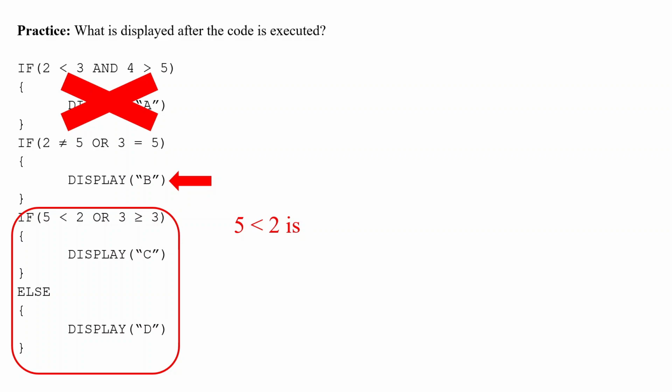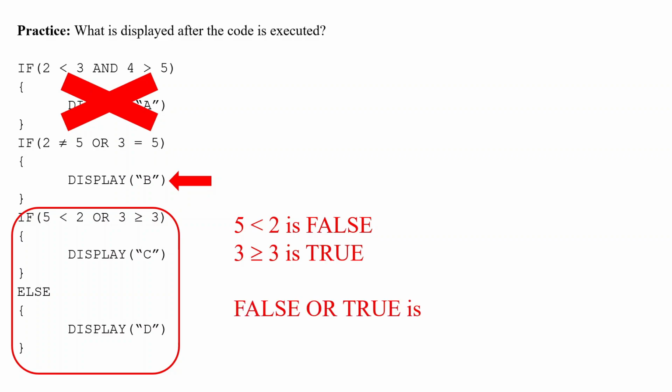It is not skipped. My last one is partnered up because it has an if and an else right after it. So 5 less than 2, that is false. Is 3 greater than or equal to 3? That is true. So now I have a false or true. What will that evaluate to?